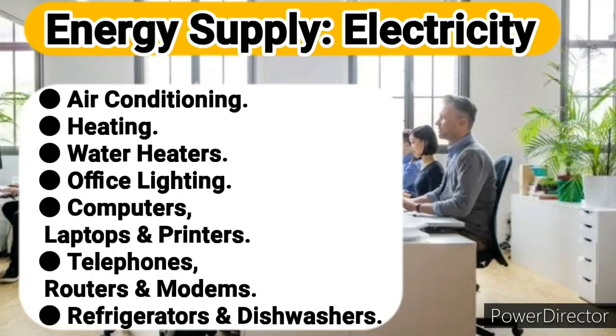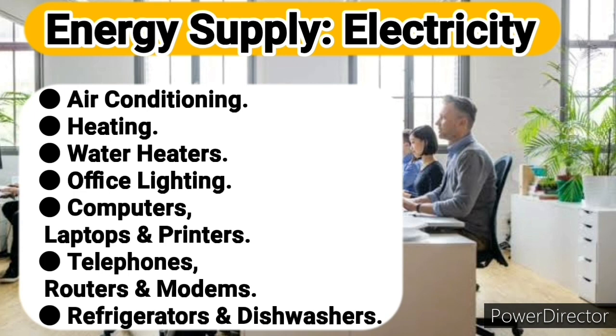Of course, for a government office to operate, there should be a supply of energy or electricity. This is used for air conditioning the government office. This is also used for heating. This is also used for water heaters for the government employees.